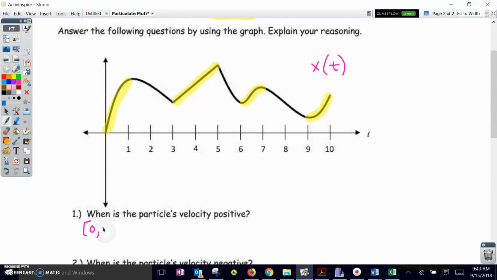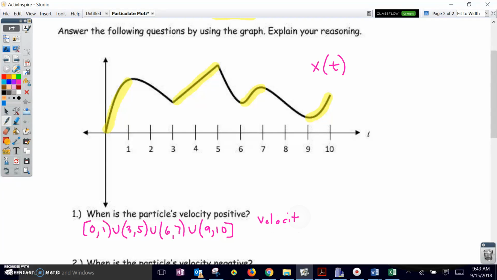Got from 0 to 1, and from 3 to 5, and then from 6 to 7, and from 9 to 10.